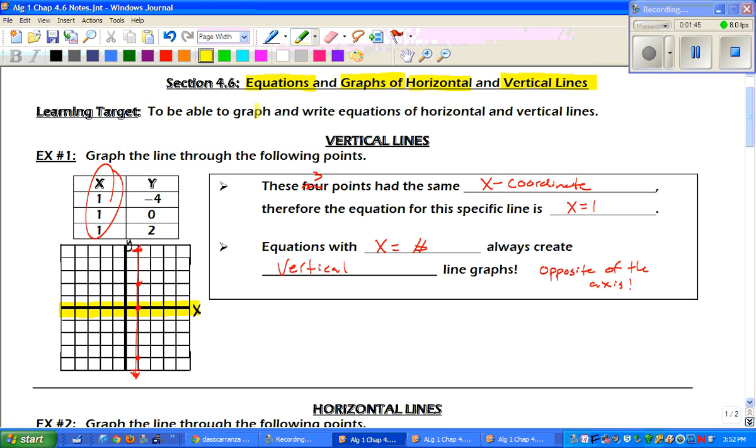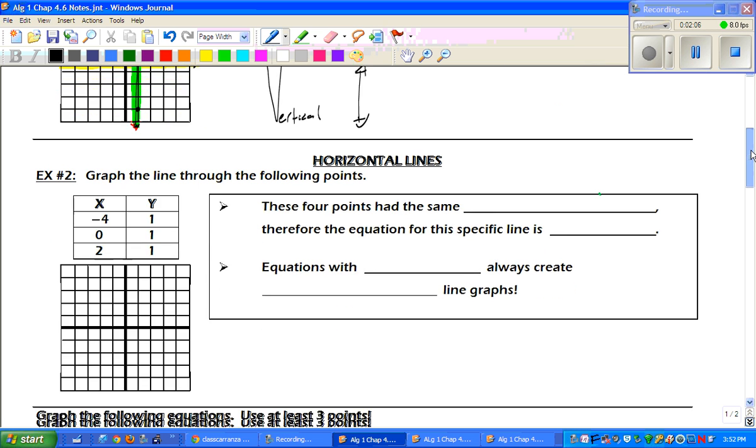Instead of going horizontal, this one goes vertical. One of the ways that I always remember the word vertical is looking at that first letter. It's a V. Goes straight up and down, which is vertical.